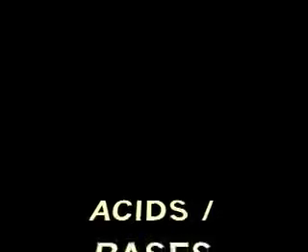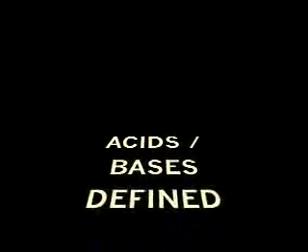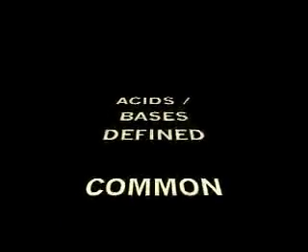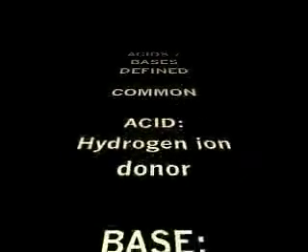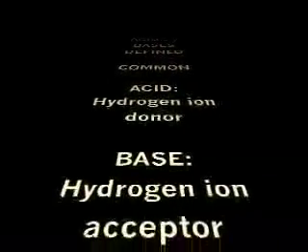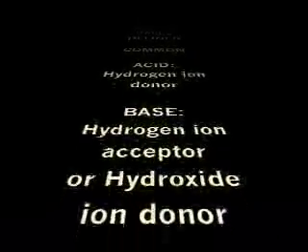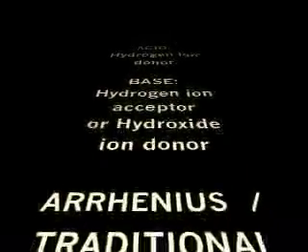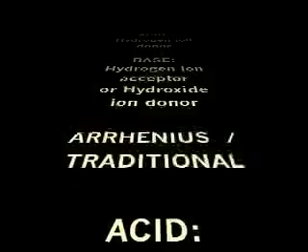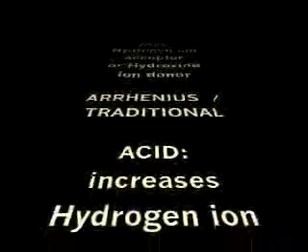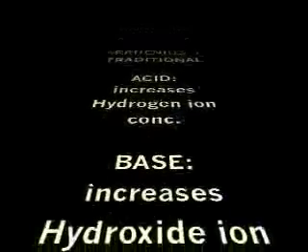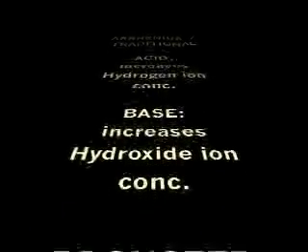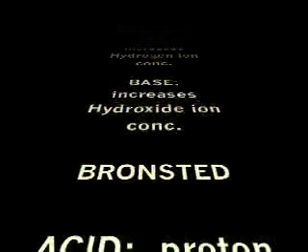Once again, let's look at these definitions. The common definition of an acid and base would be acid being a hydrogen ion donor, base being a hydrogen ion acceptor, or a hydroxide ion donor. Arrhenius, or traditional: acid increases the hydrogen ion concentration, base increases the hydroxide ion concentration.